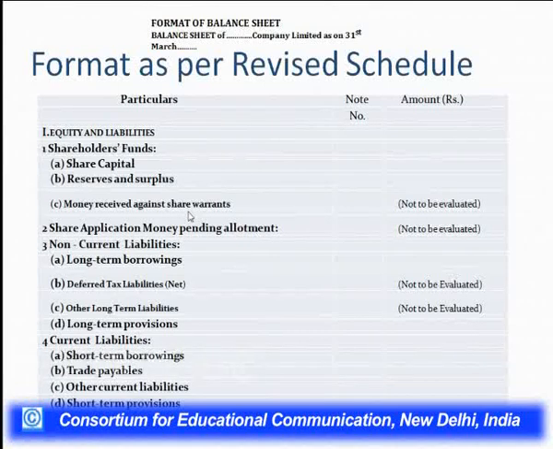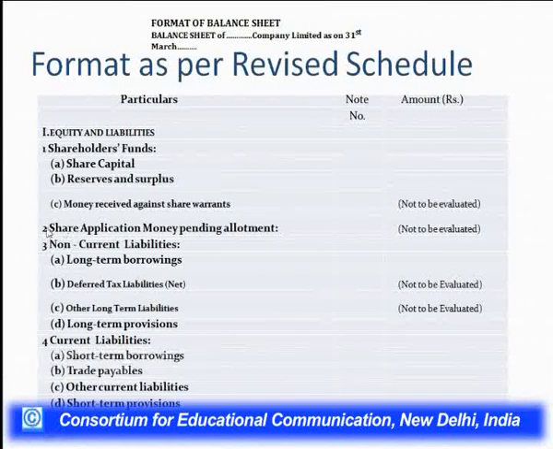Share warrants are generally issued to employees. So if anything is being received, it is going to be shown separately under this head, but mind you, not in the amount column. This particular note, not to be included, is very important. It means this head is going to be there, but this value is not going to be added in the total amount of equity and liabilities, right?